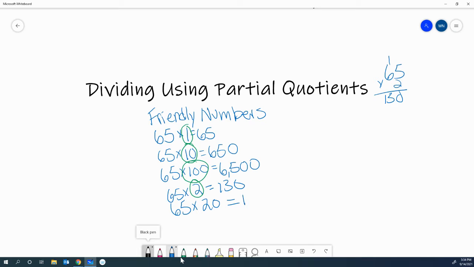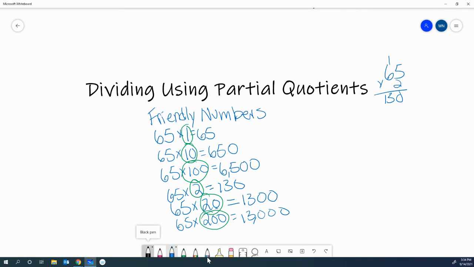You could, because you would take 130 and just add the 0 from the 20. So that means 20 is a friendly number. You could go even farther and say 65 times 200. And all you would have to do is add another 0. 13,000. That means 200 is also a friendly number.